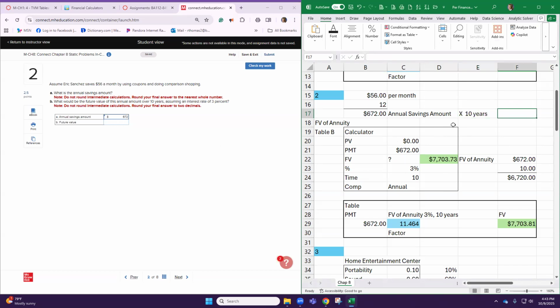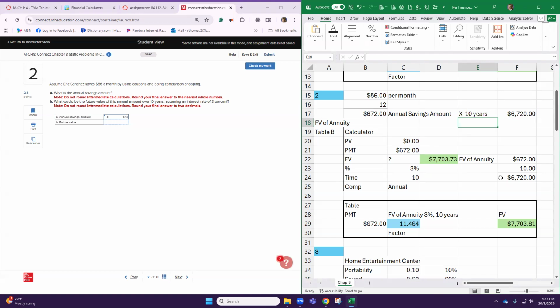So let me put that in. We'll say equals the savings amount times 10. So you would have 6,720 without time value of money.